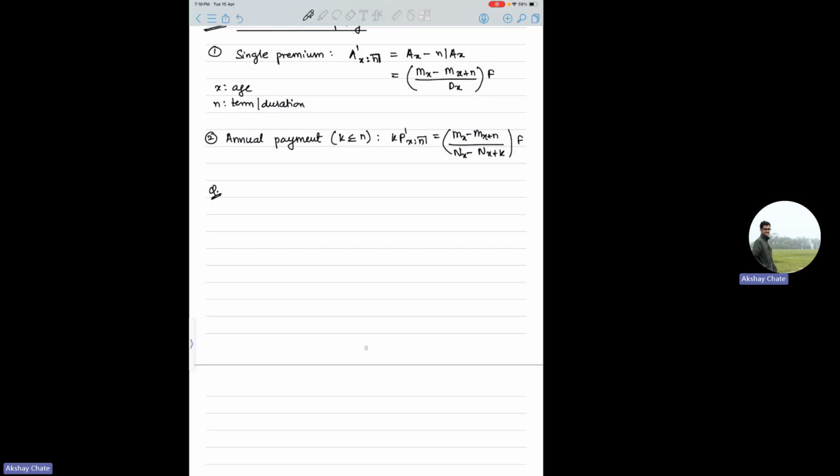A 30-year-old buys a 20-year term insurance for, let's say, 50 lakhs. What is the net single premium?